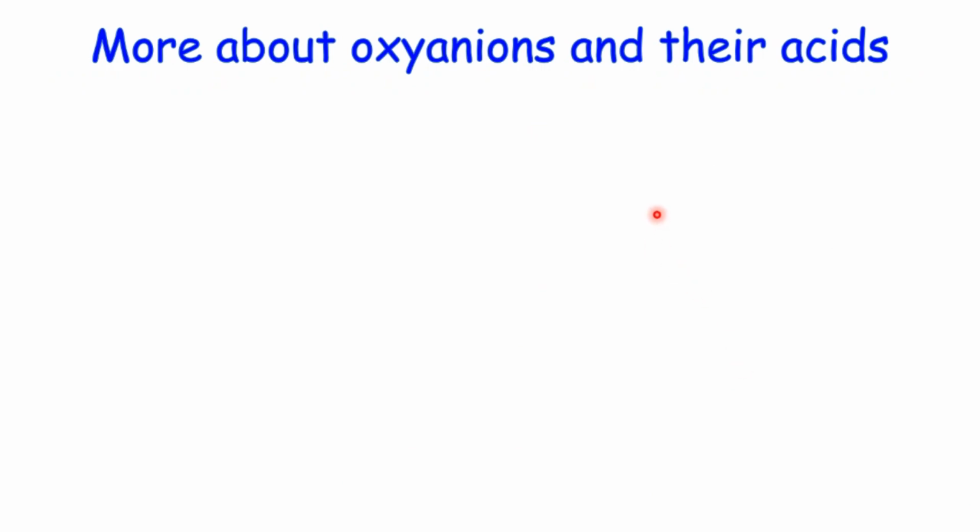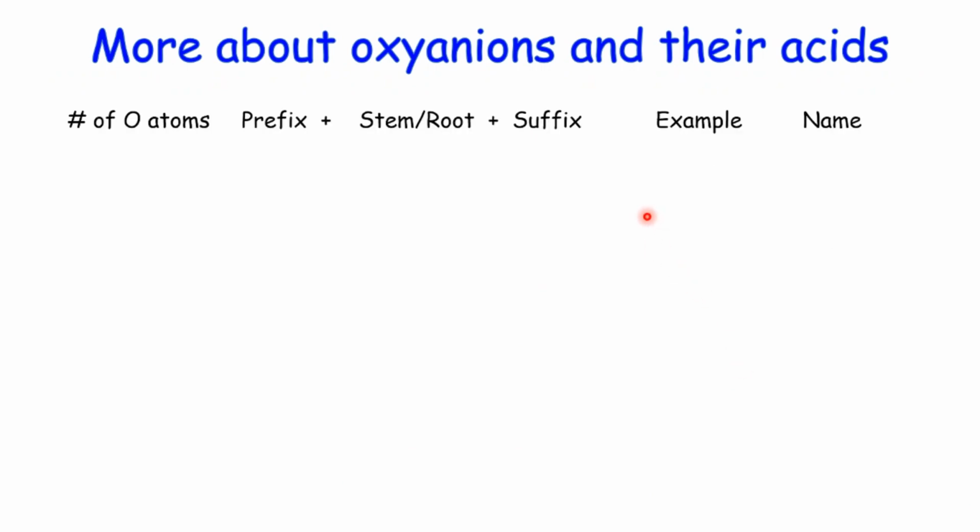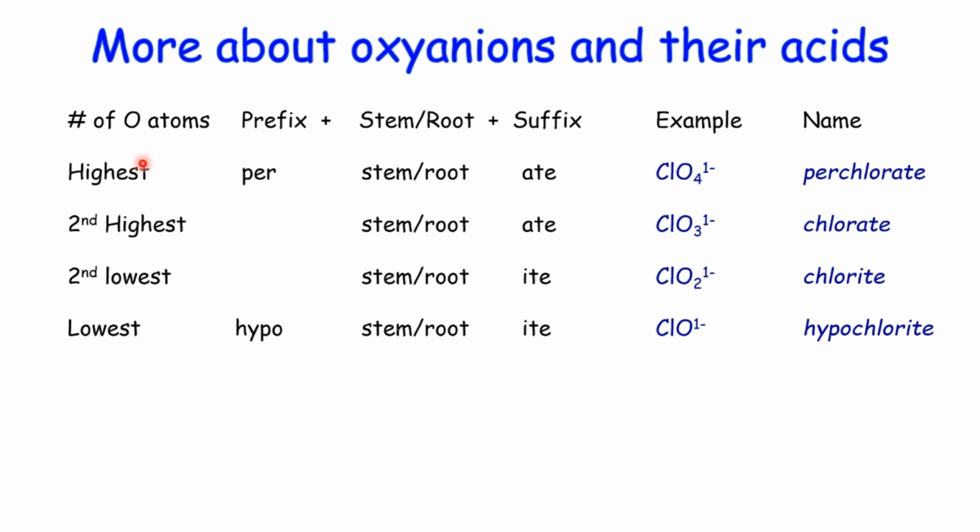Let's talk a little bit more about the oxyanions. Okay, we have a few columns here. The first column is the number of atoms, and the second one is a prefix. Some of them don't need a prefix.